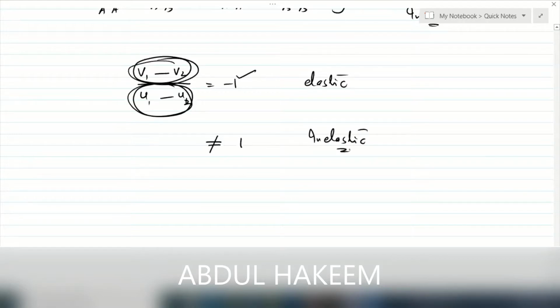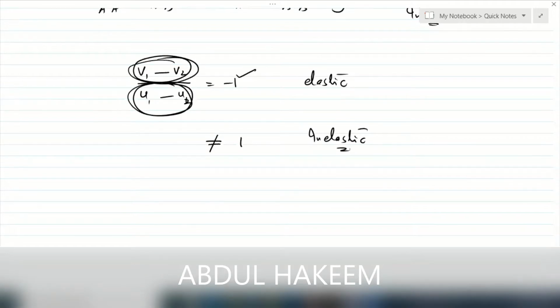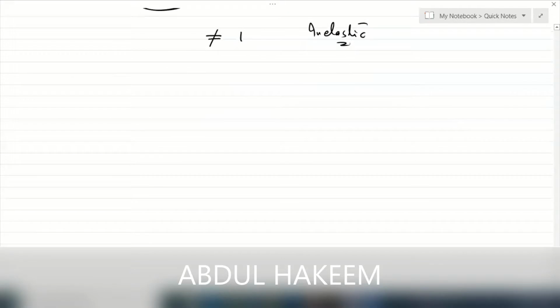Now suppose after collision, two objects are not separated from each other. Then the velocity of separation v1 minus v2 will be 0. After collision, they are not separated, they are entangled, they are fixed with each other.